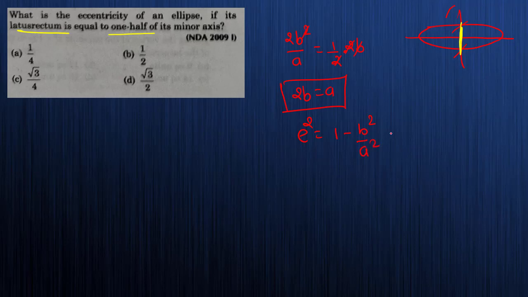I want a value less than 1. 1 minus b square by a square: a is 2b, so a square will be 4b square. So b square cancels. So it is 1 minus 1 by 4, which is equal to 3 by 4. So e becomes root 3 by 2. So the correct answer is root 3 by 2, option number D. Very simple, yaar.